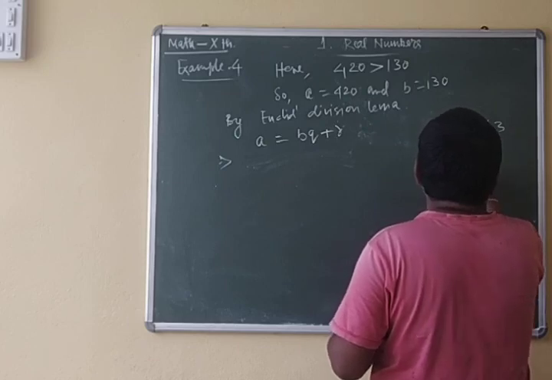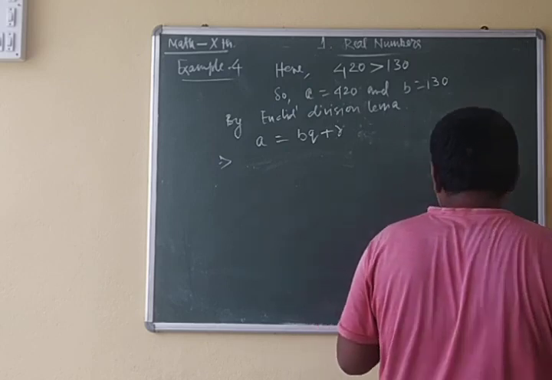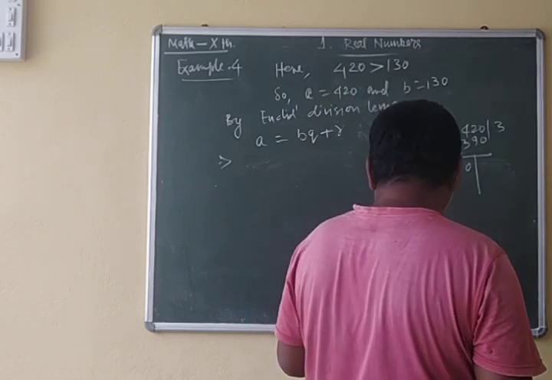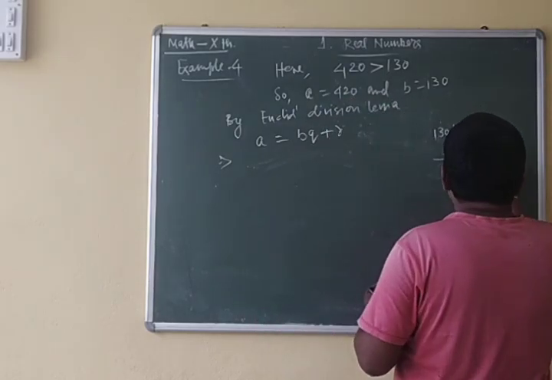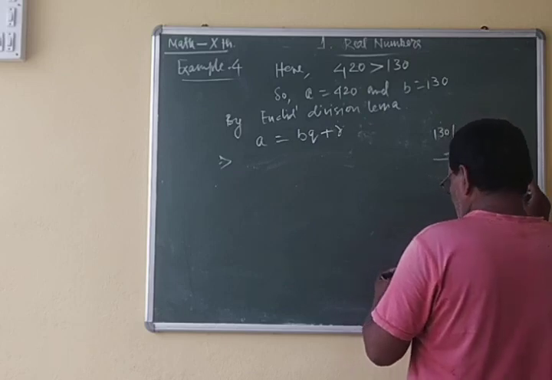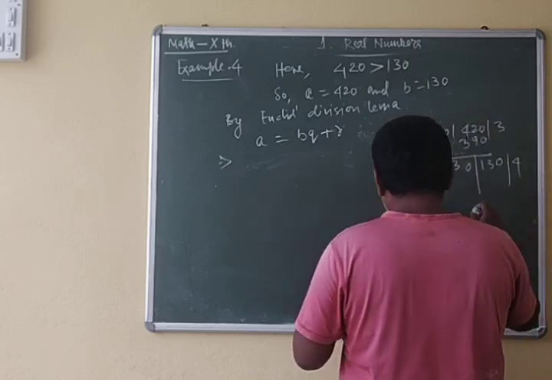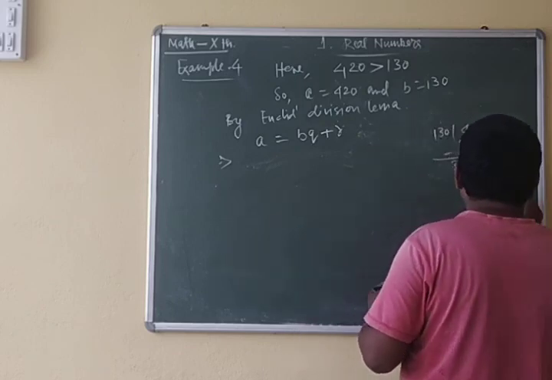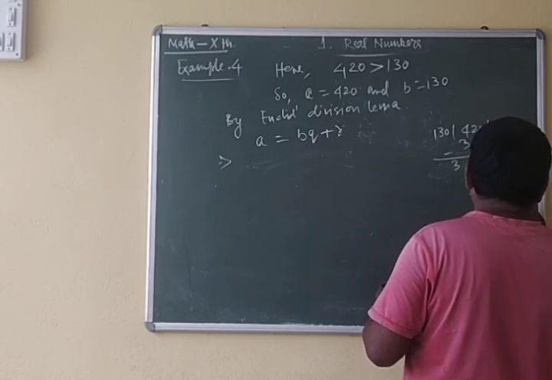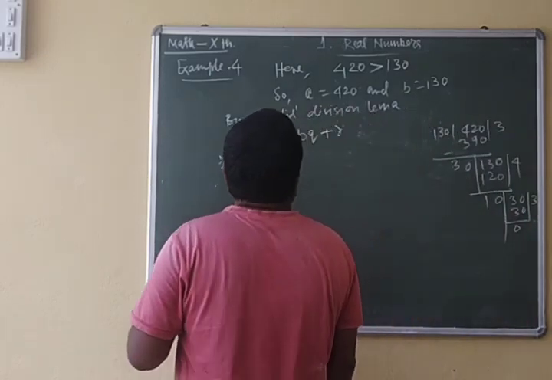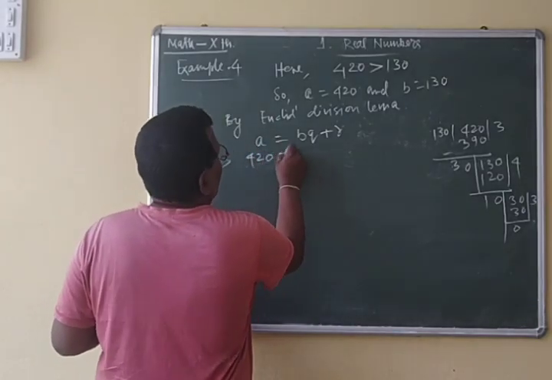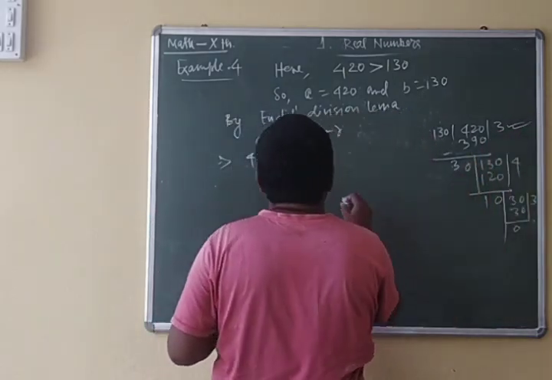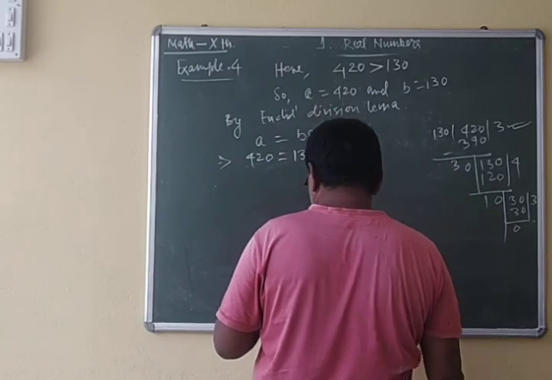On subtracting, the remainder is 30. So 420 is equal to 130 into 3 plus remainder 30.